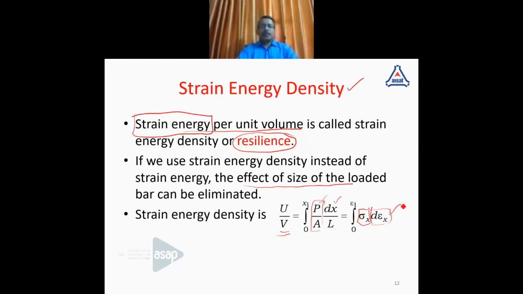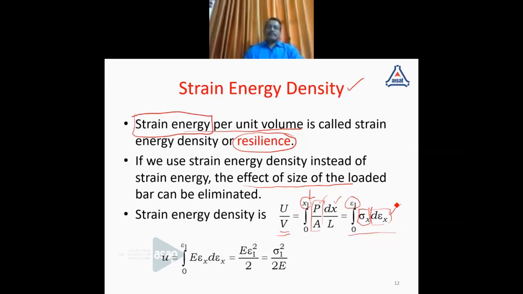Now the equation can be the integral from 0 to epsilon 1, the total strain, that is the total change in length over the total length L. So it can be integrated over the range 0 to epsilon 1.